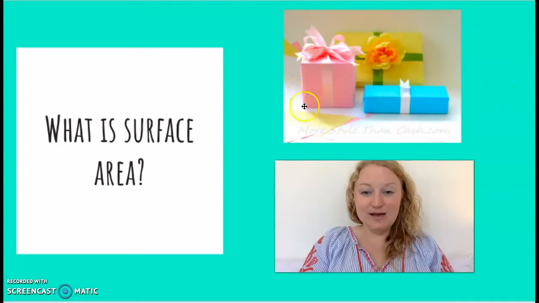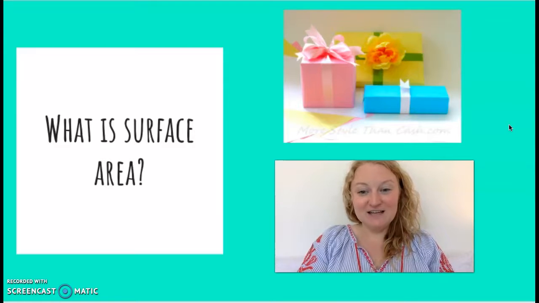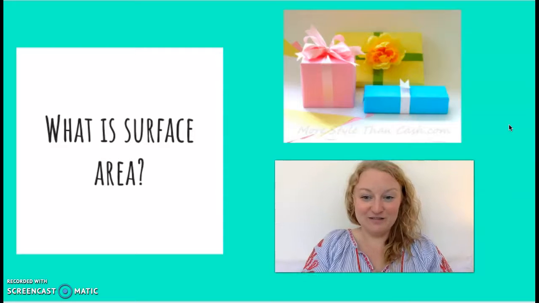So this cube has 6 different faces, all of which are a square. This rectangular prism also has 6 faces, and they are different sized rectangles. So surface area is finding how much it takes to cover all of the sides.